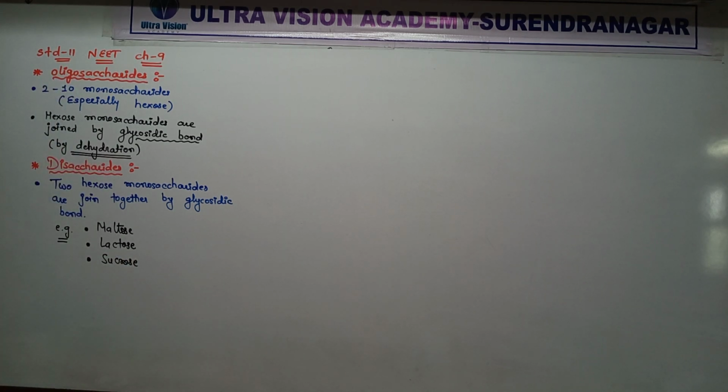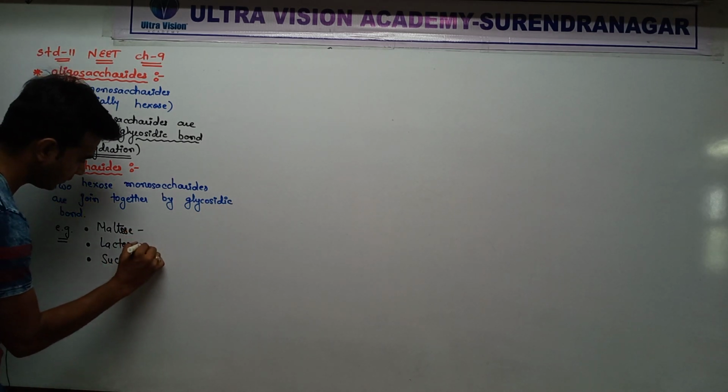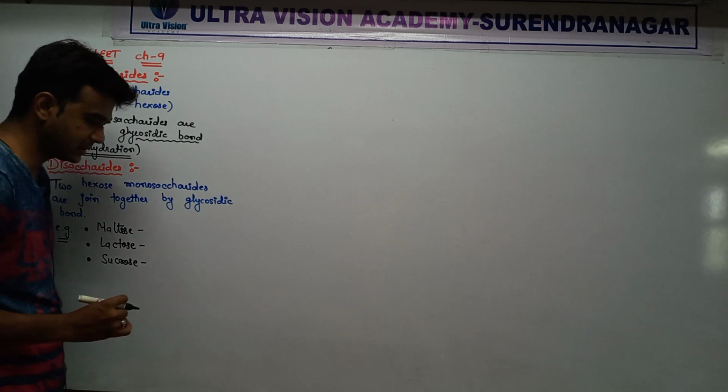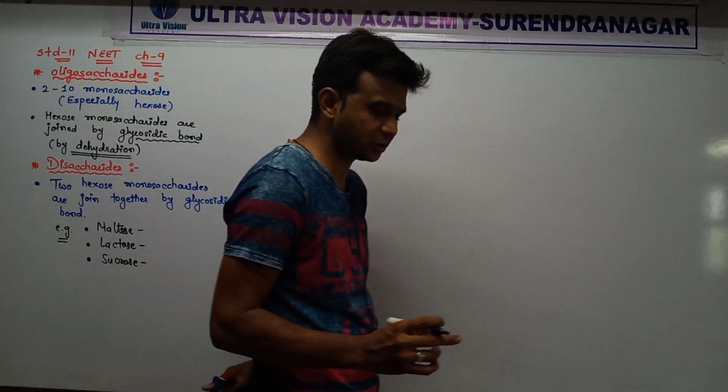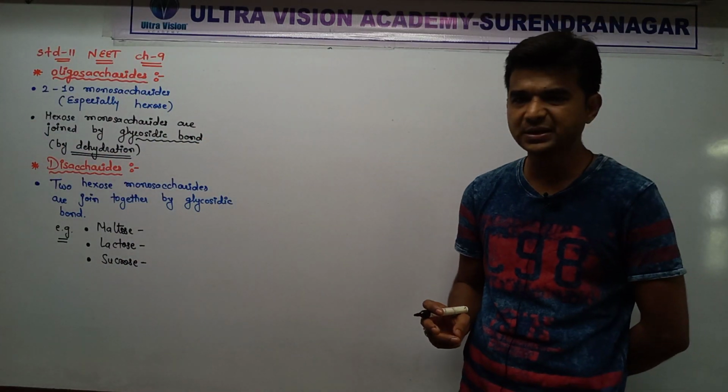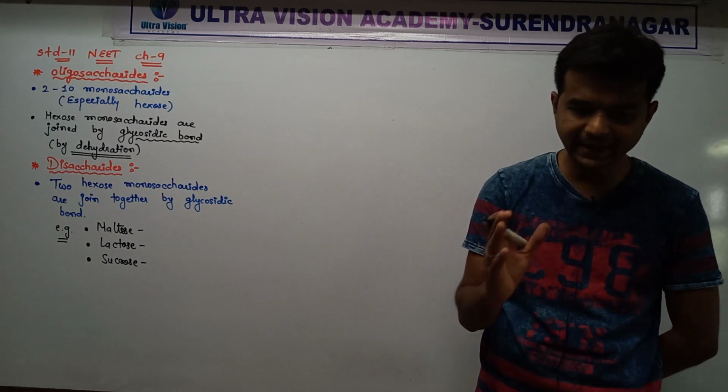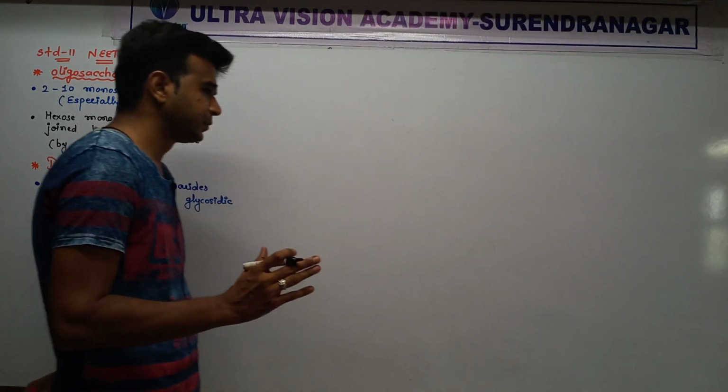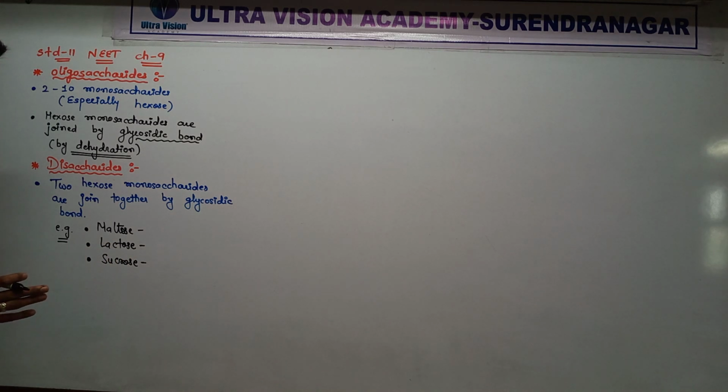So to easily remember this, first we had learned the hexose monosaccharides in the previous lecture: glucose, galactose and fructose. Fine. So all are isomers of each other and all have the common chemical formula C6H12O6, but are structurally different. So chemically the same but structurally different, known as isomers.